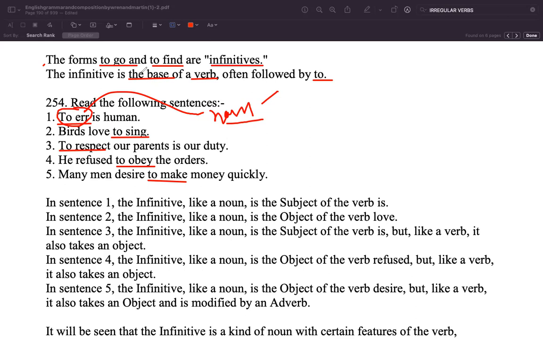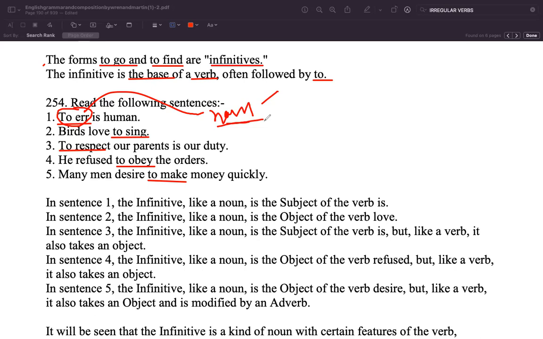Very good. Absolutely correct. So it is a verb, but as it is used in the subject, that's why it is called a noun. Clear? Am I clear, Sai? Sai, am I audible? Yes, sir, you are audible and you are clear also.